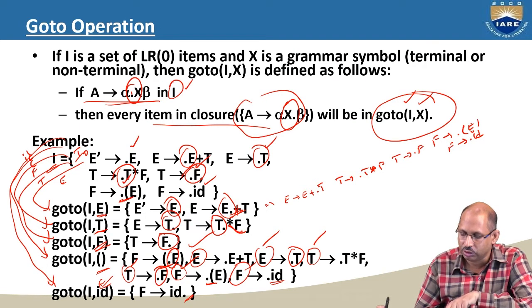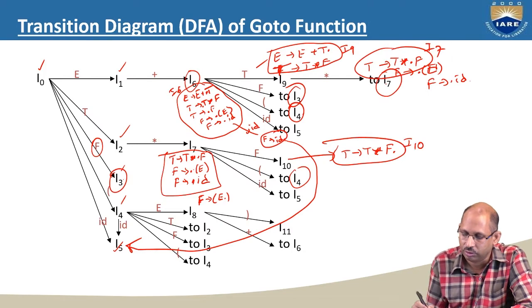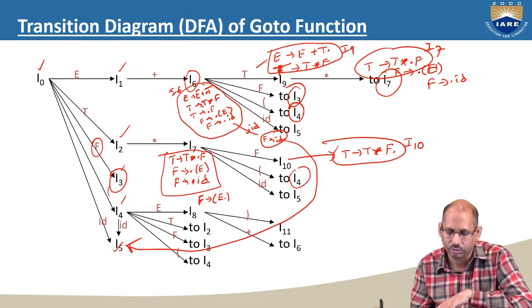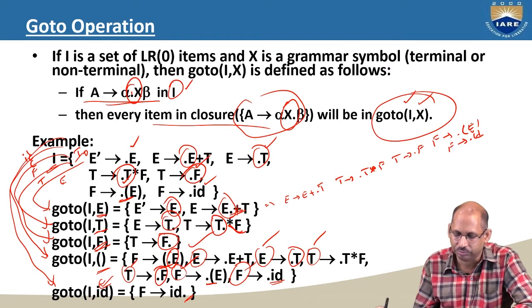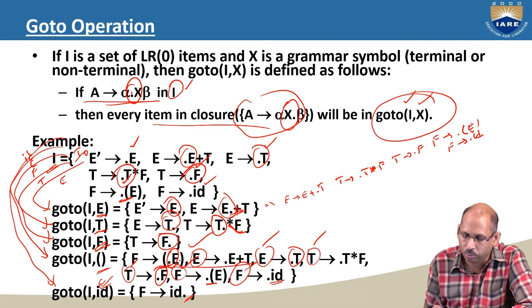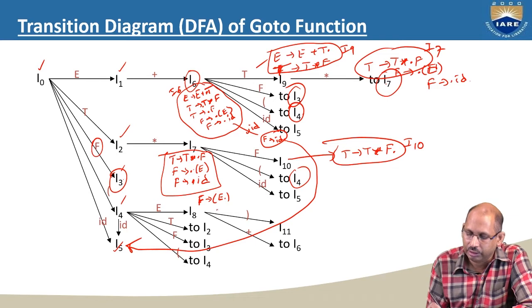Then E gives E dot. Any other productions we have? No. E gives E dot plus T. These are the two productions that we have to consider. Here E gives E dot plus T.